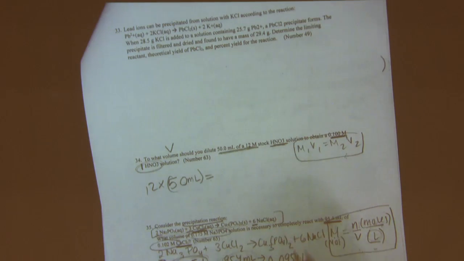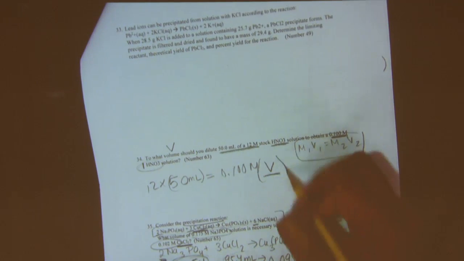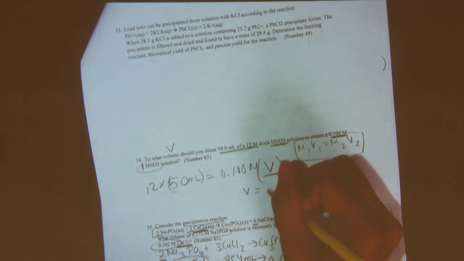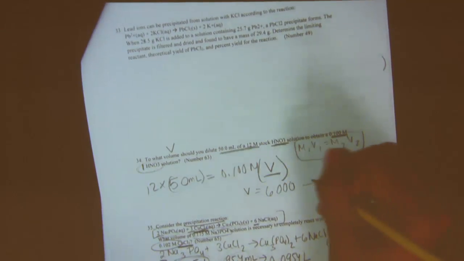And then what would be on this side? 0.100 M, right? So we want to find V, and what would our V be? 6,000? Is that the same answer everyone got? Yeah? Okay. And if you change it to liters, it would just be 6 liters.